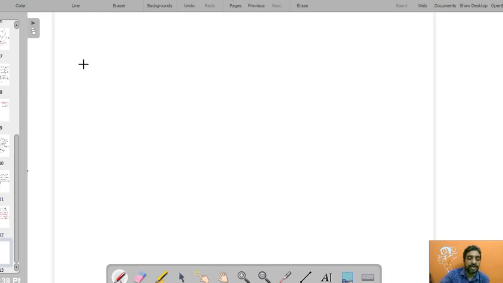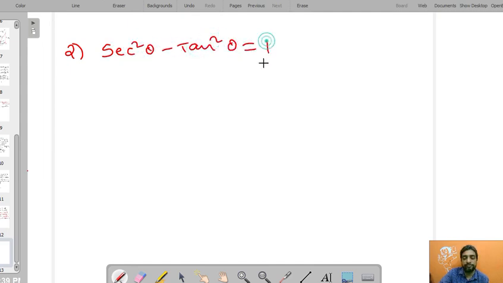Now, from the second identity, you need to remember a few things. What is that? Let us see. Secant square theta minus tan square theta is equal to 1. If you observe this, it is in the form of a square minus b square, that is nothing but a plus b into a minus b. Right. So let us expand.